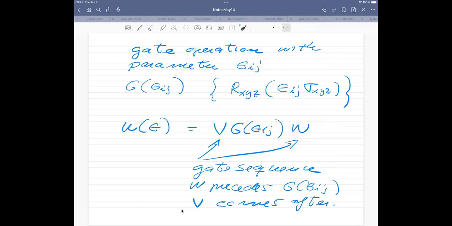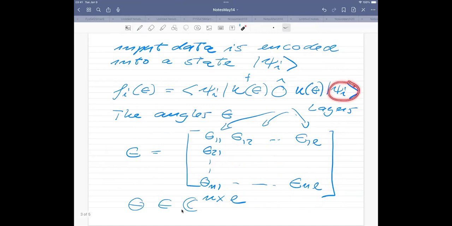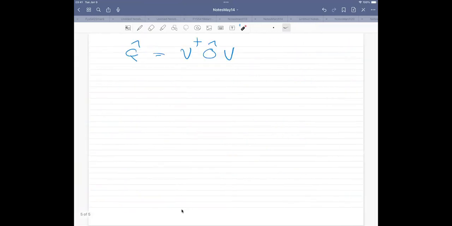These are going to act on the initial state, which I have prepared. So the initial state could just be your system being prepared as a tensor product of bit 0. So if you have 2 qubits, this is just 0, 0. If you have 3 qubits, it could be the tensor product of 0 with 0 and 0, and so on. So that means that when you now look at these equations, I'm going to redefine a new vector here, or new state, which is now the preceding operations acting on this initial state.